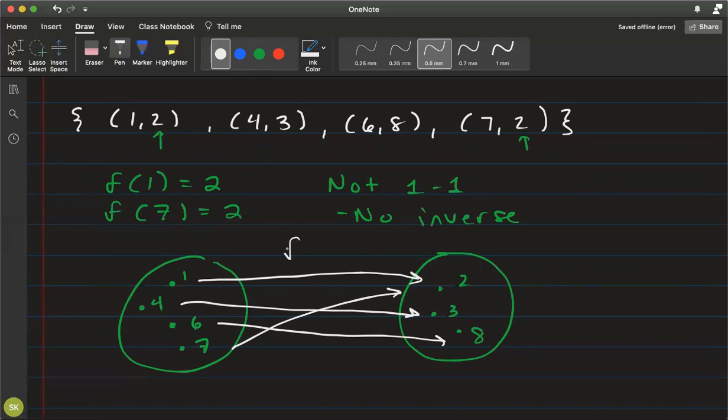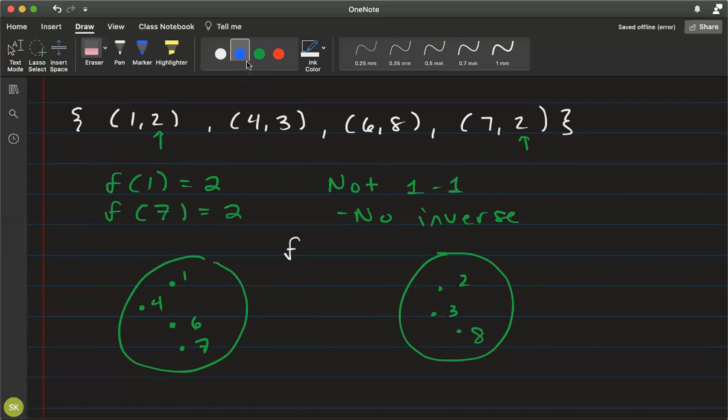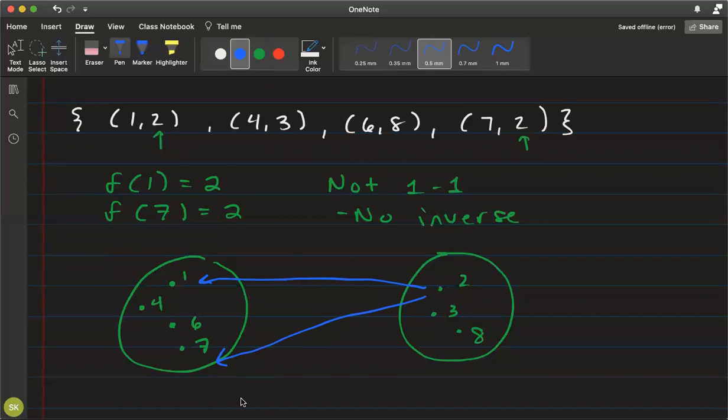So this is our function, but if we try to reverse it, I really just want to focus on this number 2. Because if we reverse this, 3 will go back to 4, and 8 will go back to 6, but we have a situation happening right here. 2 will go to 1, but at the same time, it'll go to 7.